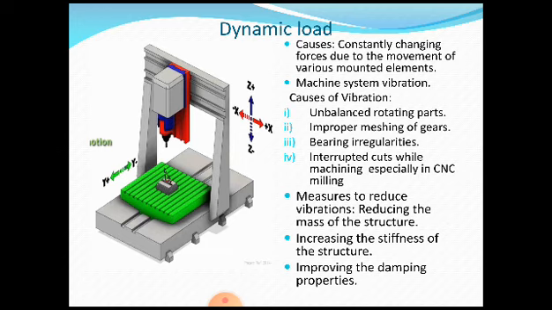All these are called causes of the vibration, and this has to be reduced. So how can this be reduced? That is what we are going to discuss here. A measure to reduce the vibration is reducing the mass of the structure. We require to reduce the mass, meaning the weight.